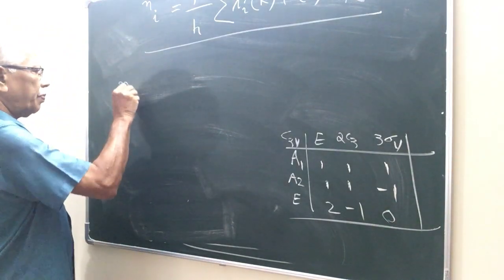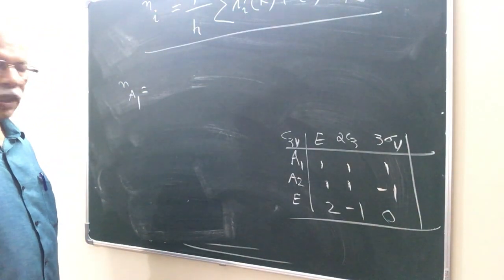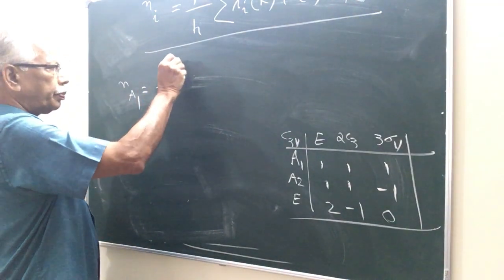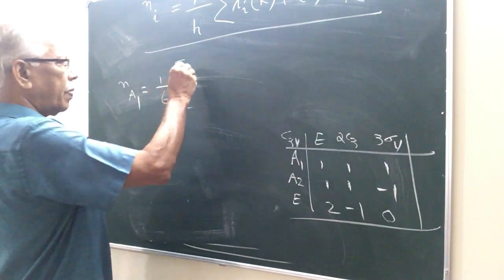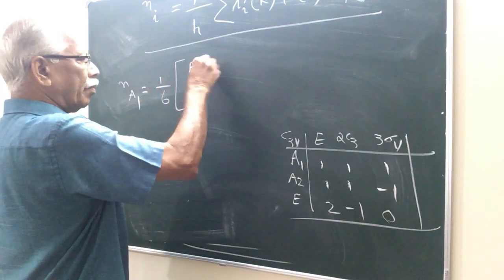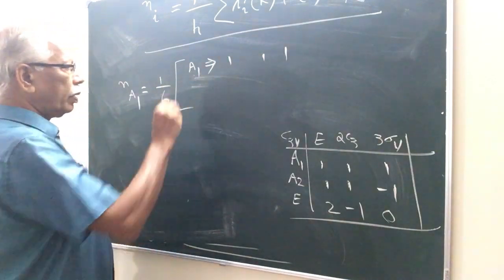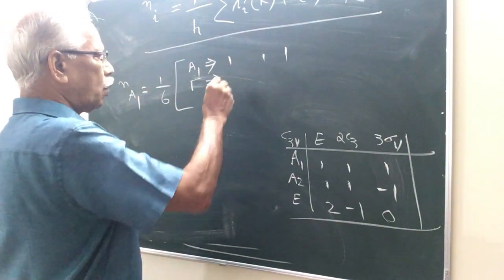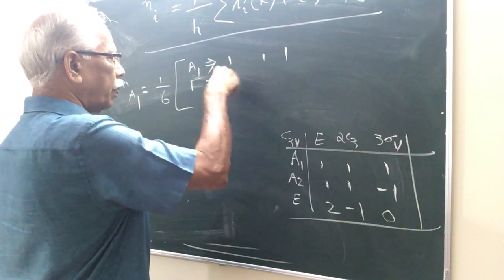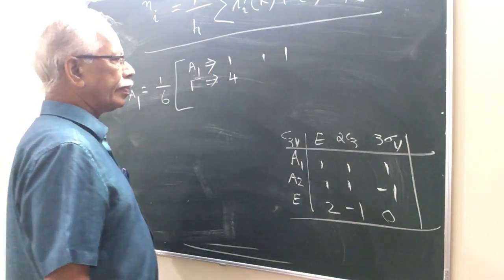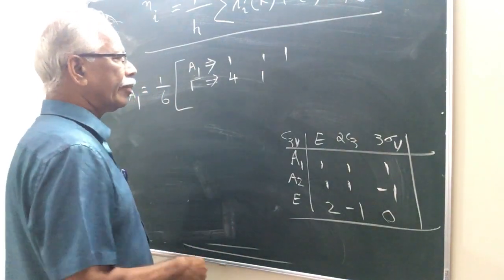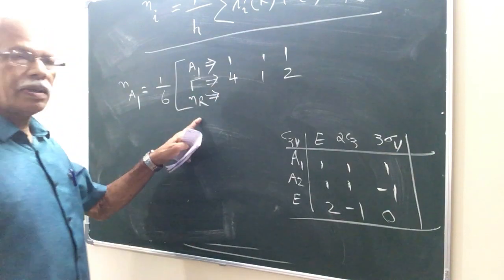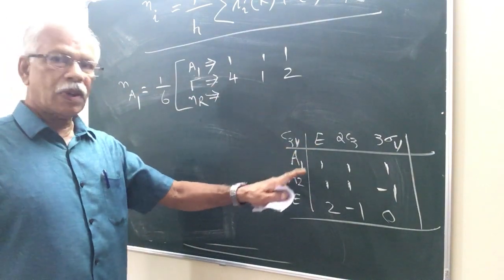So the number of times A1 occurs is 1 by 6 into, this is A1, 1, 1, 1, this is gamma, it was earlier written as 4, 1 and 2, and NR. NR is the number of operations in the class.